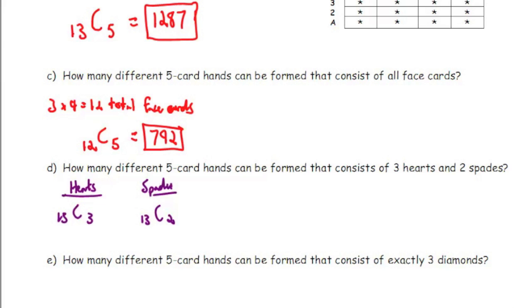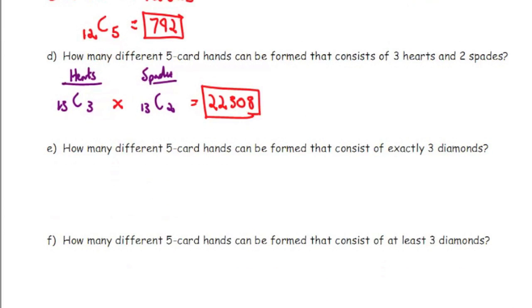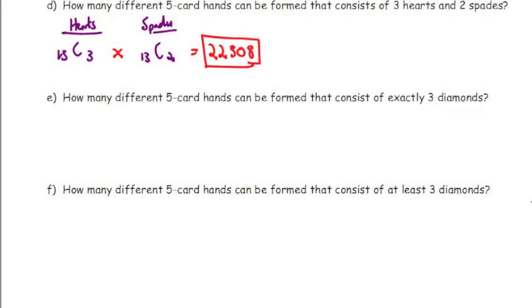And now we have the spades, and we have 13 spades, and we're trying to select 2, which means fundamental counting principle says all we have to do is take those and multiply them together, and you will end up with the number 22,308. So a simpler type of splitting up kind of question. We dealt with this with the idea of males and females in a committee. So just a different type of question, but same process.